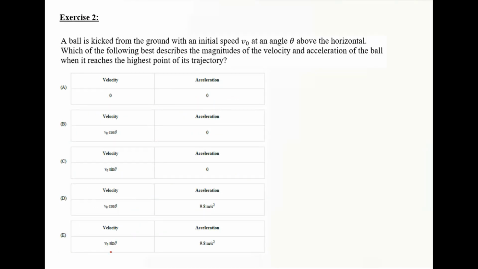Exercise 2. A ball is kicked from the ground with an initial speed v0 at an angle theta above the horizontal. Which of the following best describes the magnitudes of the velocity and acceleration of the ball when it reaches the highest point of the trajectory? So the velocity, here we're talking about the complete velocity at the highest point. So we know that at the highest point, vx is v0 cosine theta.